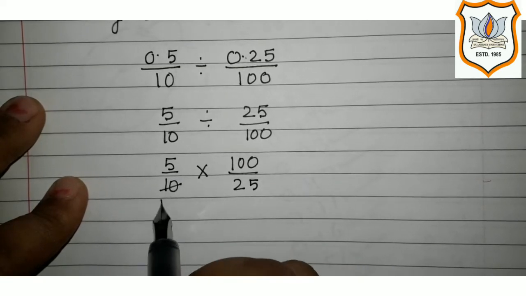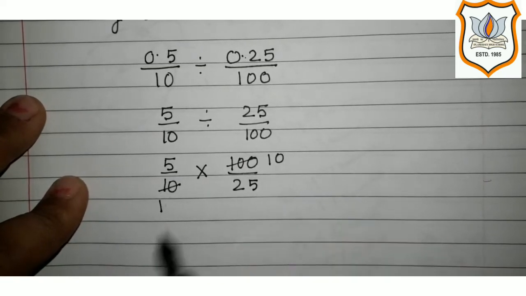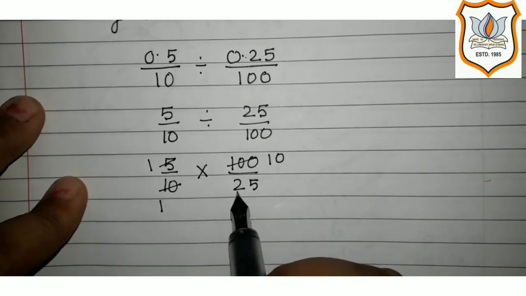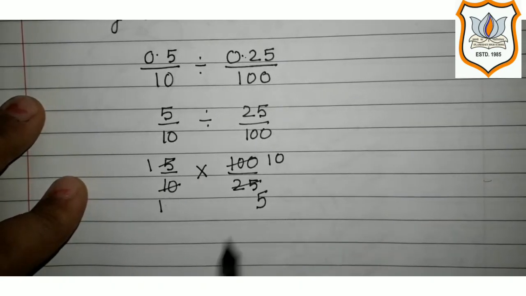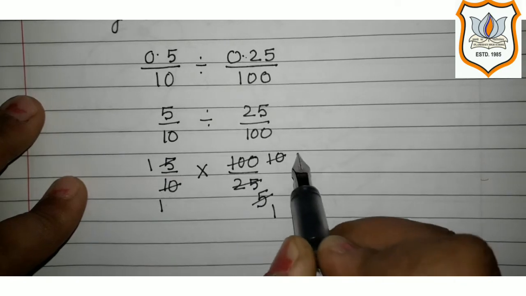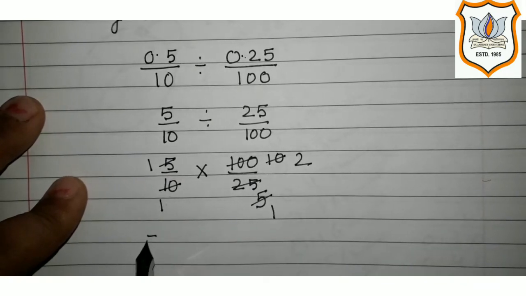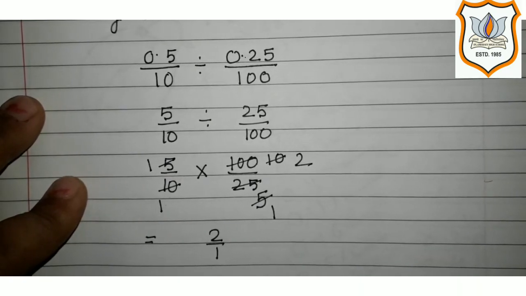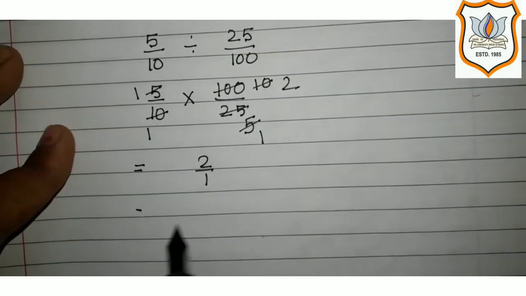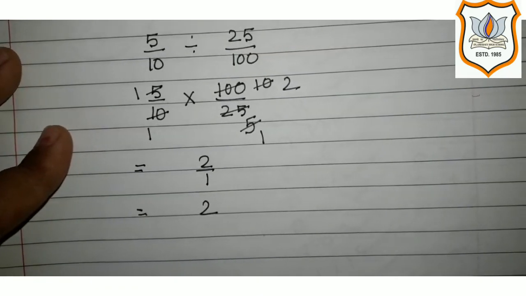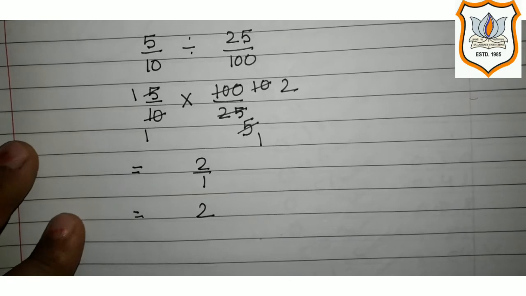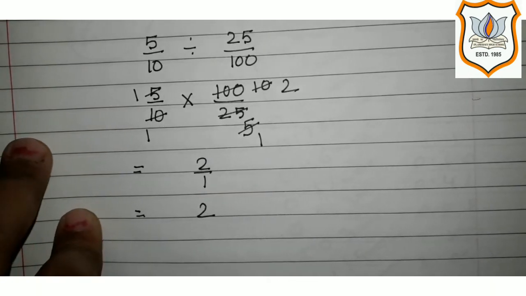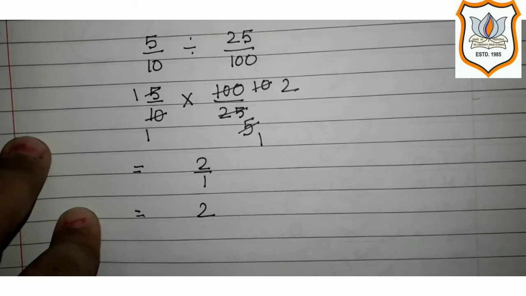So 10 ones are 10, 10 tens are 100. 5 ones are 5, 5 fives are 25. Again 5 ones are 5, 5 twos are 10. So our answer will be 2 upon 1, that is equal to 2. In this way you can solve questions by dividing a decimal number by a decimal number.